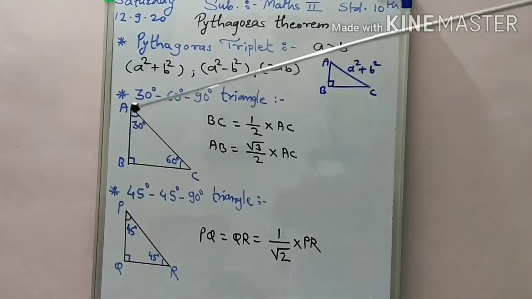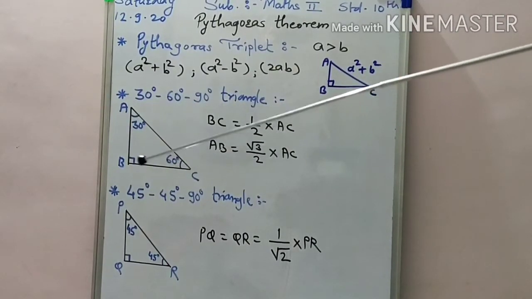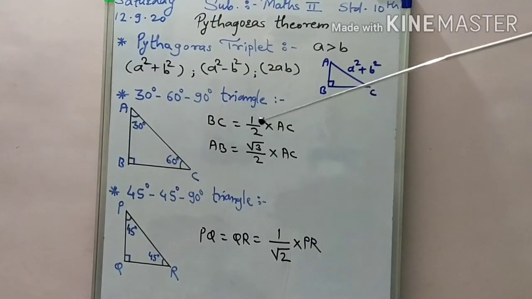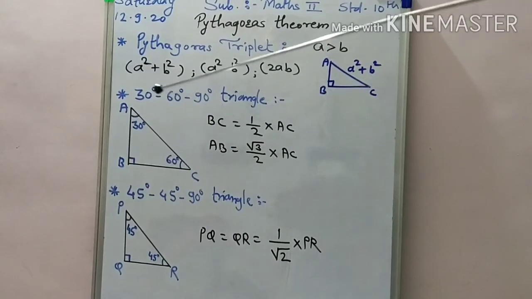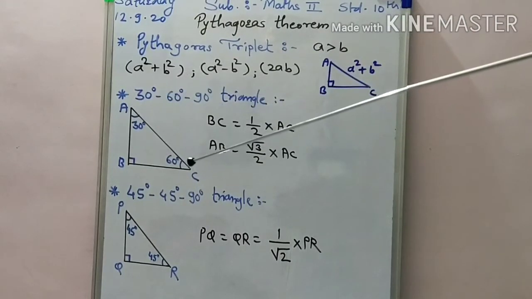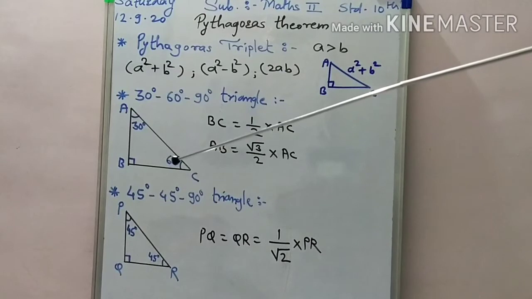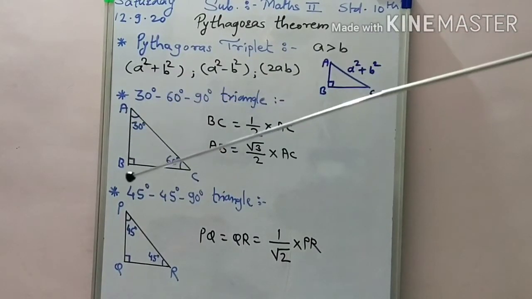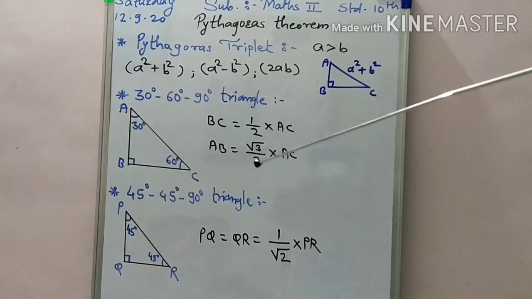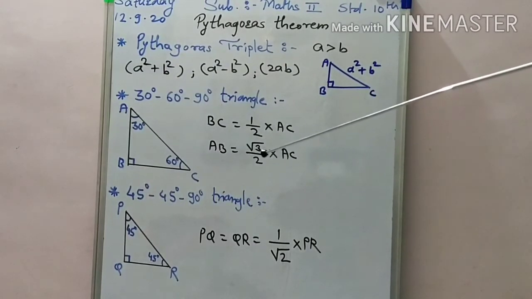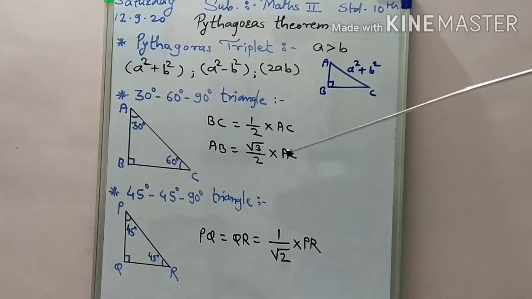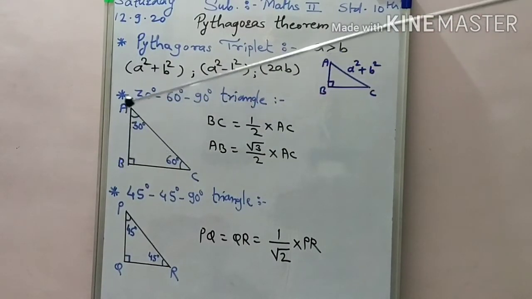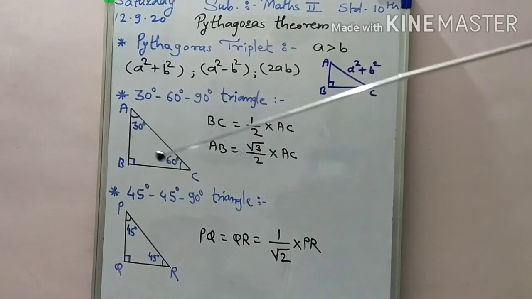The side opposite to the 30 degree angle is side BC, and hence BC is half of the hypotenuse, and AC is the hypotenuse here. And the side opposite to the 60 degree angle, side AB, has length root 3 upon 2 times AC.